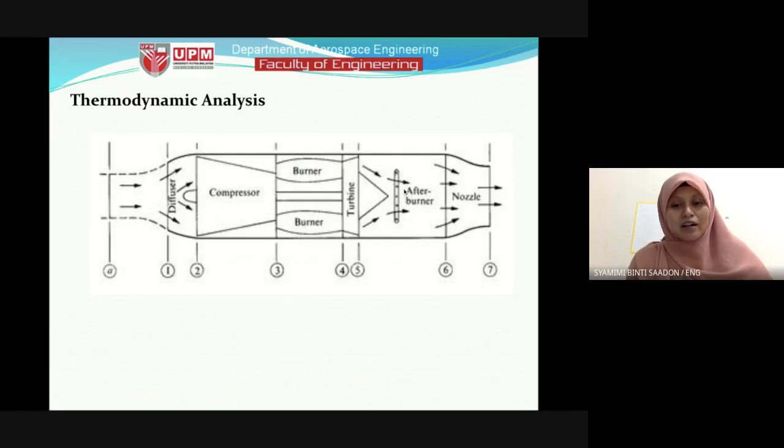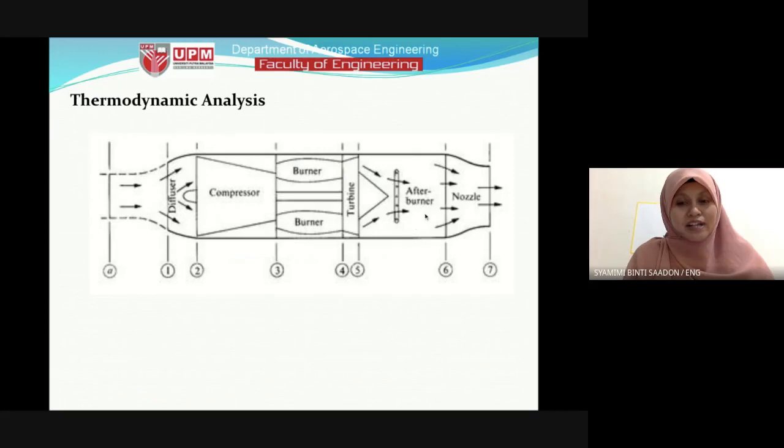Then the afterburner. Some turbojet engines have an extra component, which is the afterburner, meaning the engine has two burners. The combustion process happens one more time, so we have two combustion processes, the burner and the afterburner, if the engine has an afterburner.